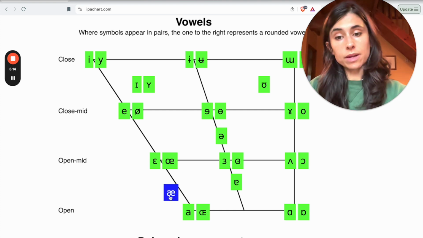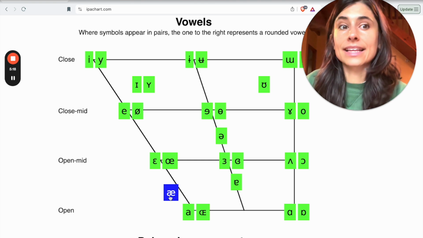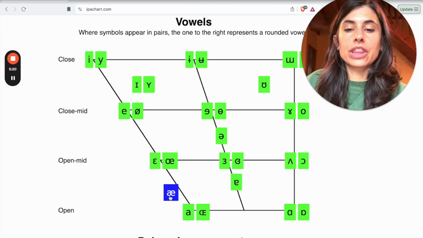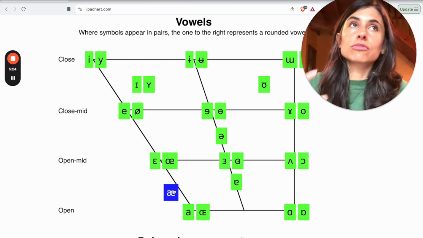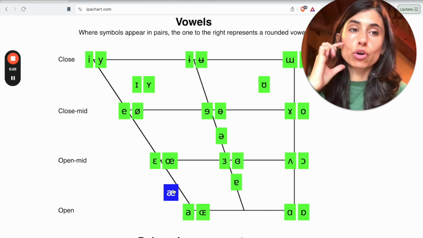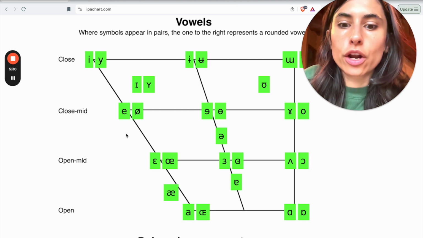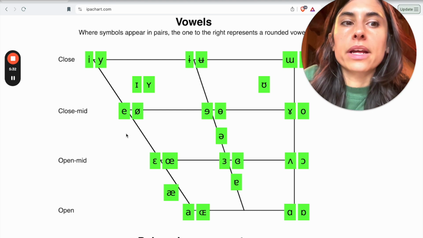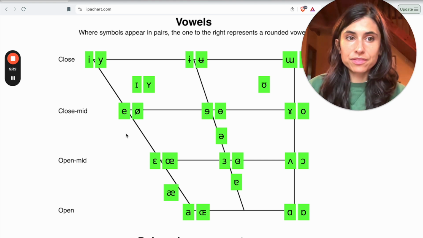At the other extreme, we have the a from cat, cat. With this one, your mouth is slightly more closed, but not close. It's all relative again.